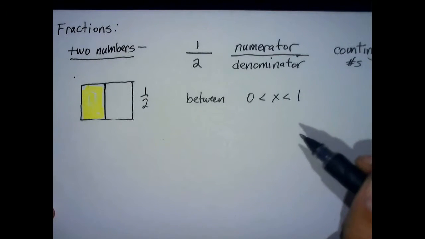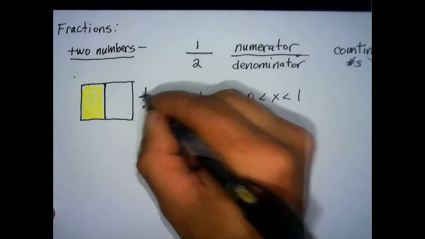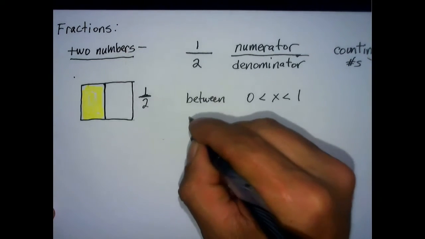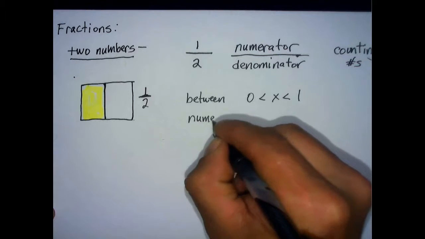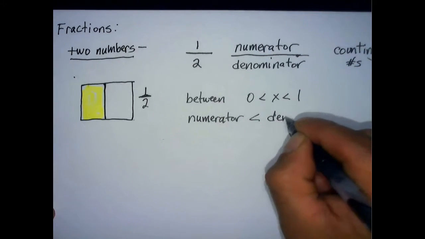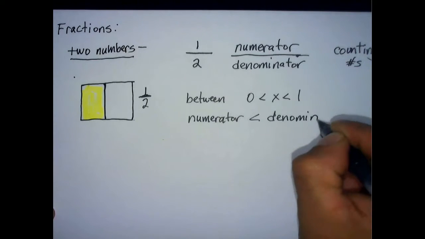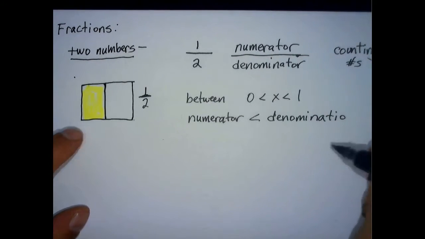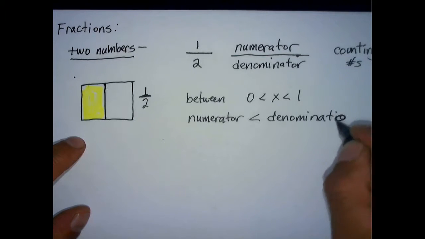Also, what do you notice about the numerator? How can you compare the numerator and the denominator there? The numerator is smaller than the denominator. Will it always be? No, it will not be. In this case, it is. Here we go again.